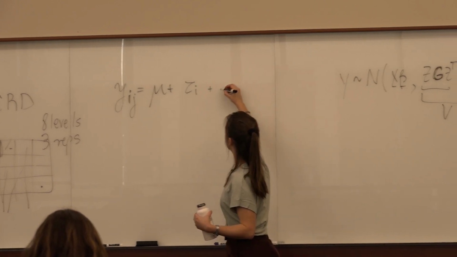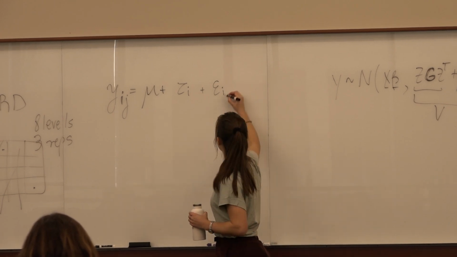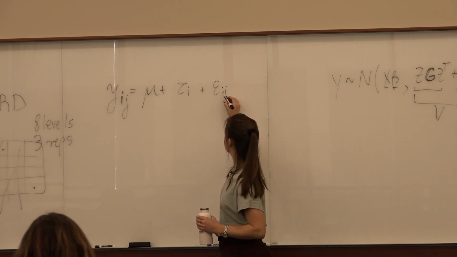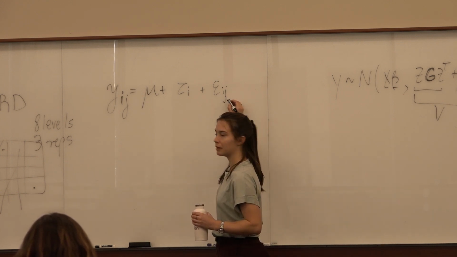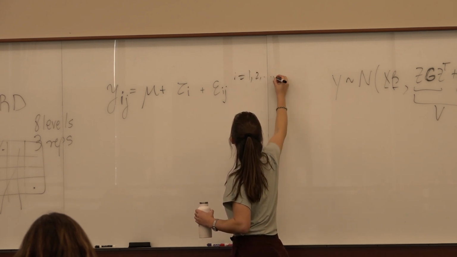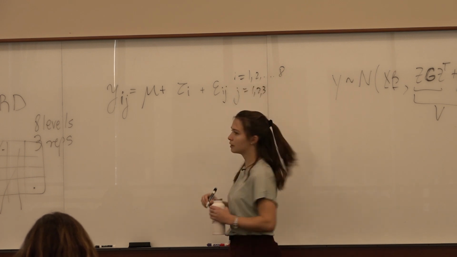So that's just the error, right? Of the ith treatment, jth repetition, okay? i is 1, 2, up to 8, j is 1, 2, 3, okay?